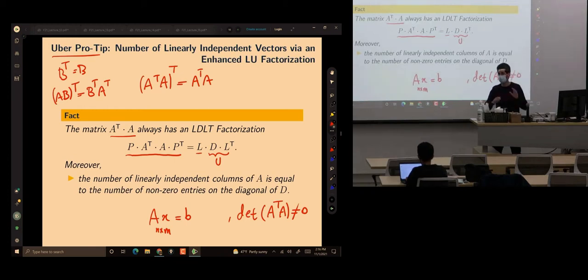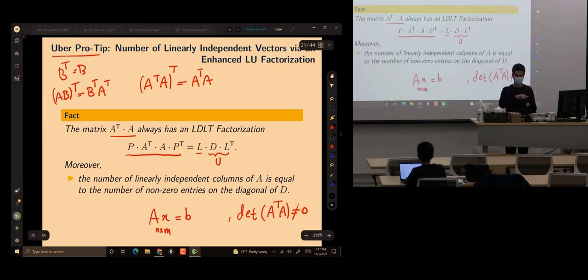Now, you need to be careful about the permutation, right? Because you're permuting A, you need to map the permutation from L to the corresponding column of A. But that's not very difficult because you have the exact mapping from exchanged rows in the permutation matrix.